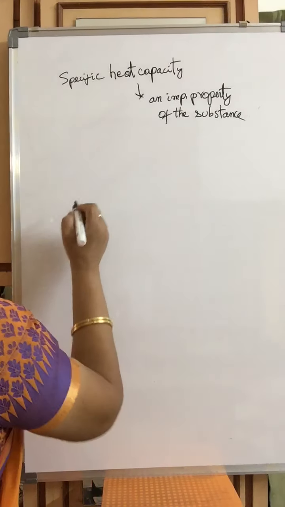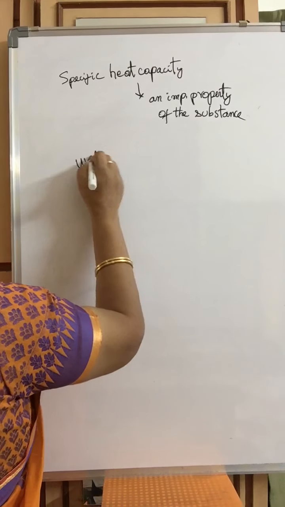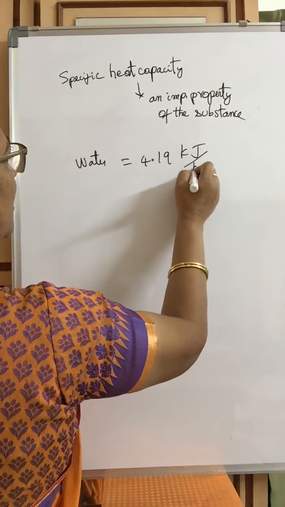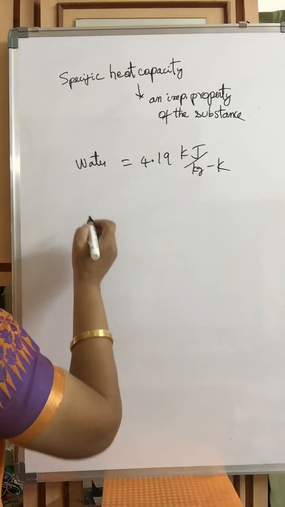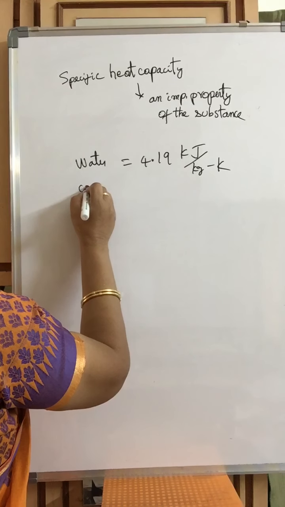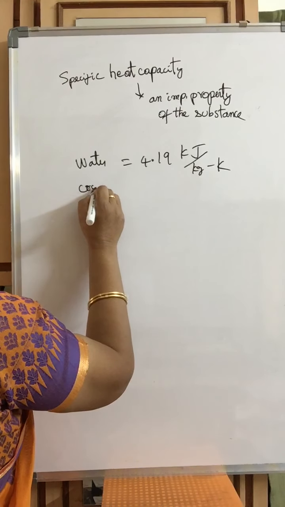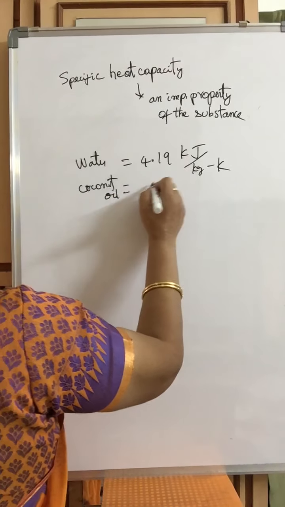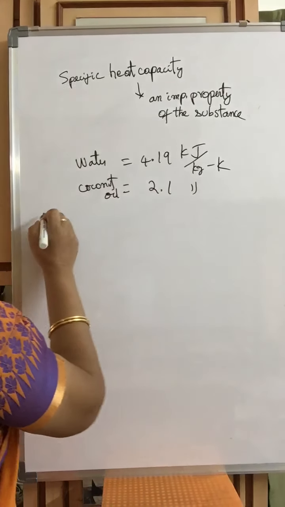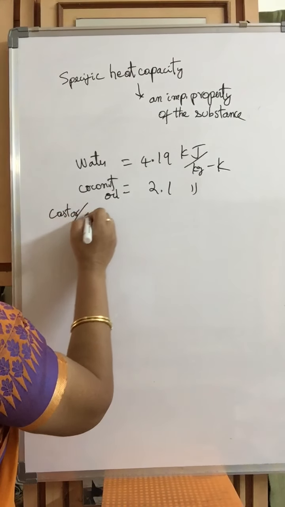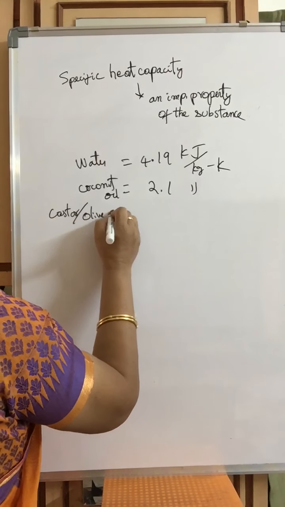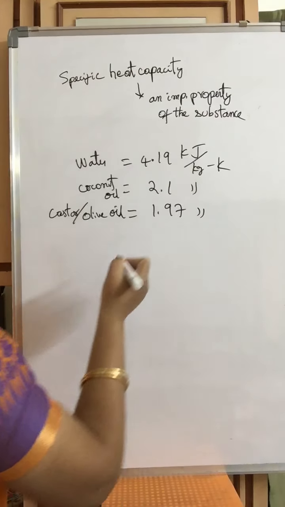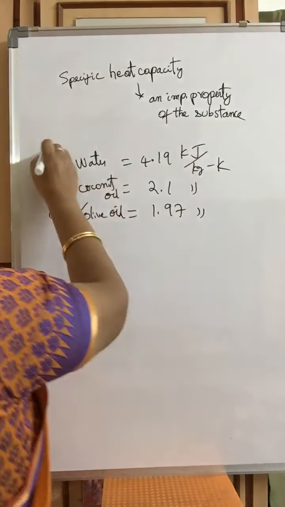Water is 4.19 kilojoules per kg per Kelvin, coconut oil is 2.1 in the same units, and castor or olive oil is 1.97. These are for some liquids.